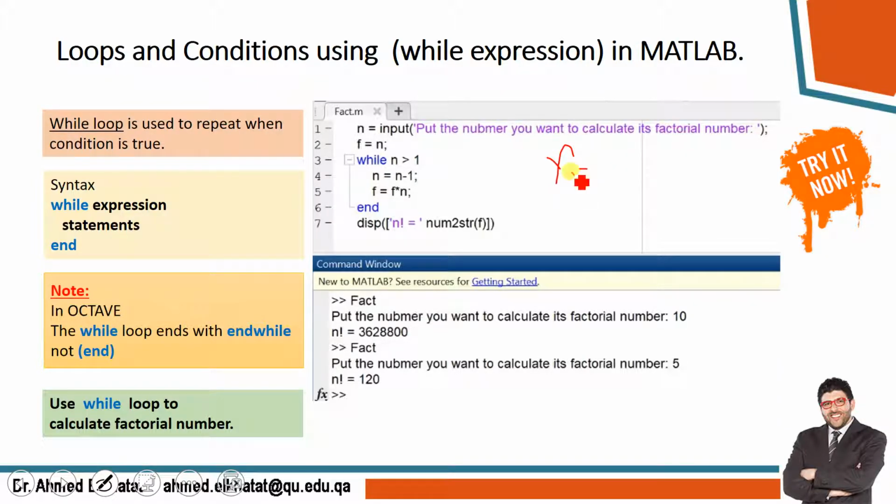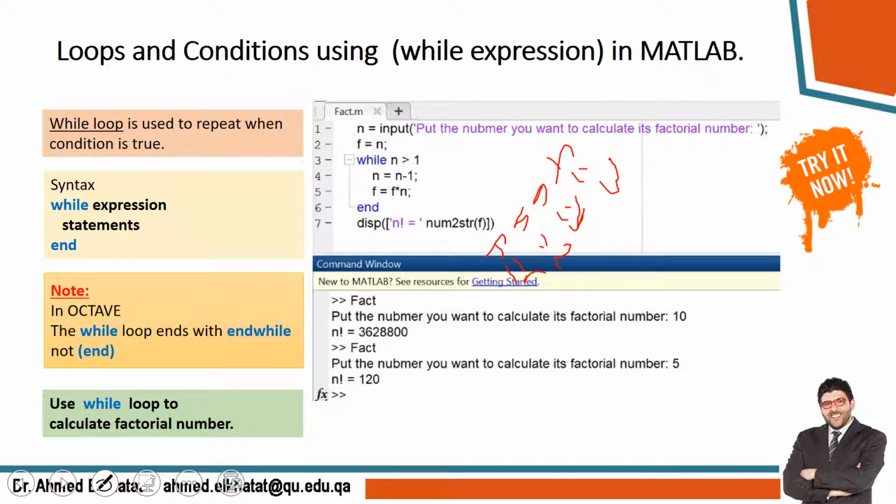Now the first n, if n is larger than 1, n equals 3, yes. Then n equals n minus 1, so n becomes 2. Then calculate f equals f times n, so f becomes 6.